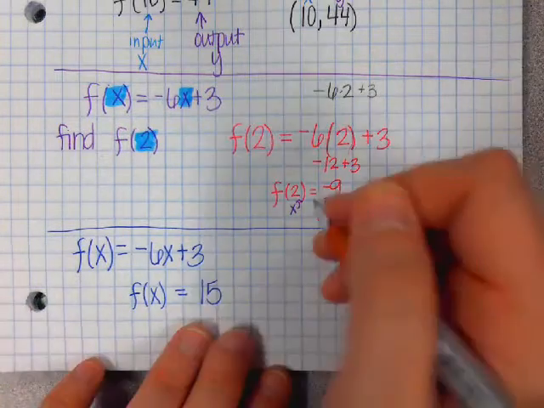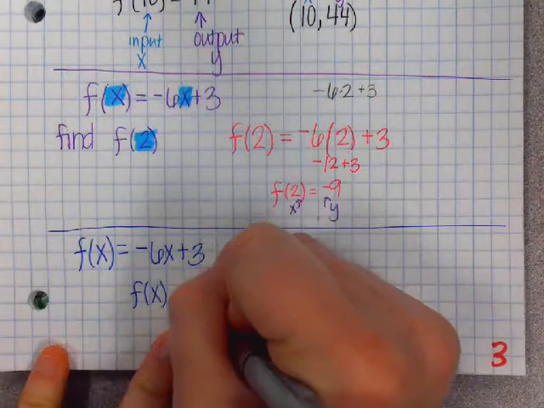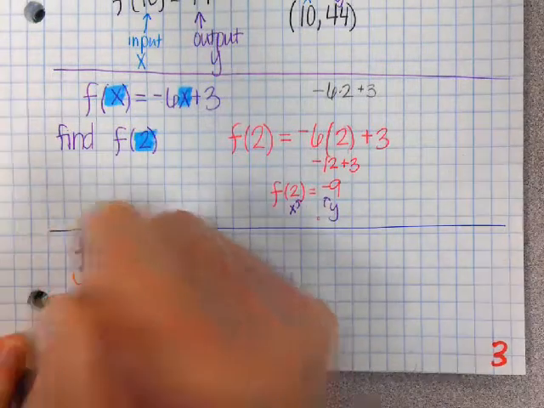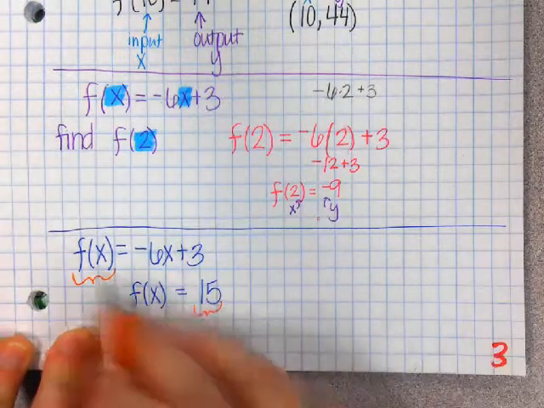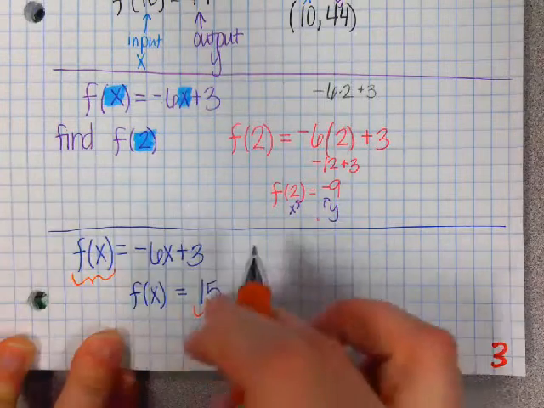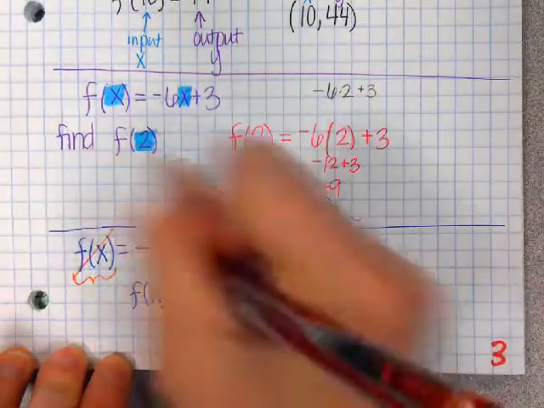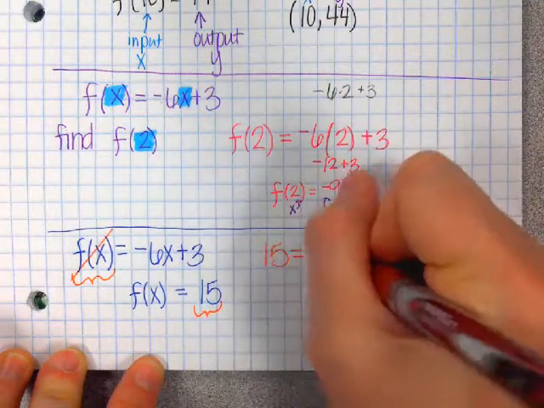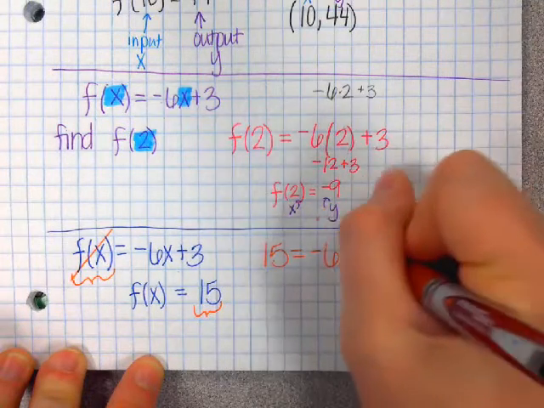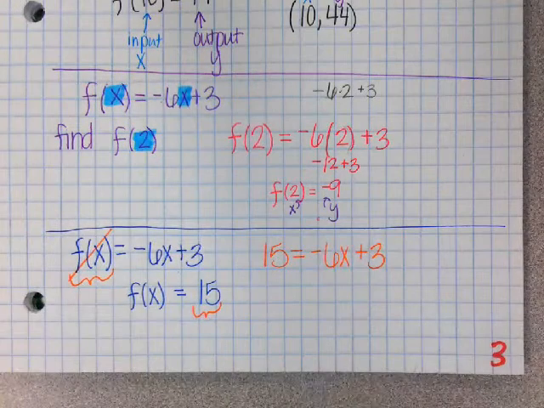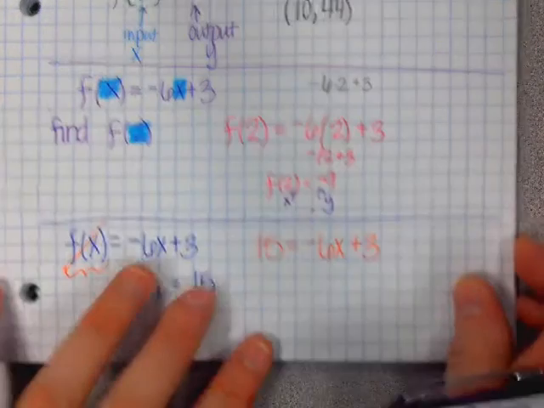So I'm going to take this and plug it in for f of x. All of it, not just the inside part, all of it, because notice it says f of x is equal to. So I'm going to take that out and use 15. So I'm going to say 15 equals negative 6x plus 3.